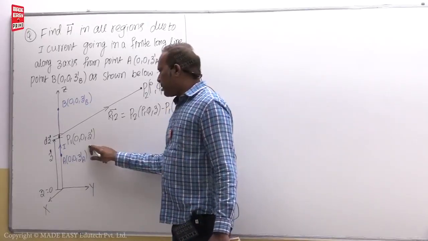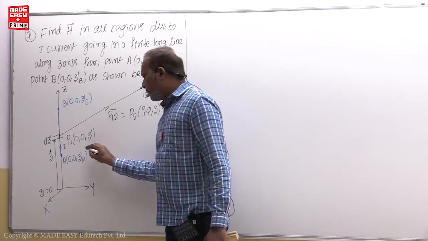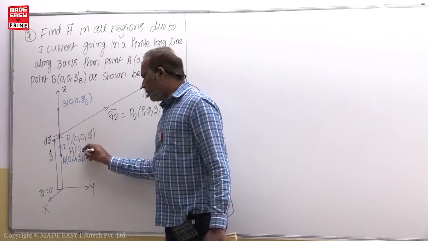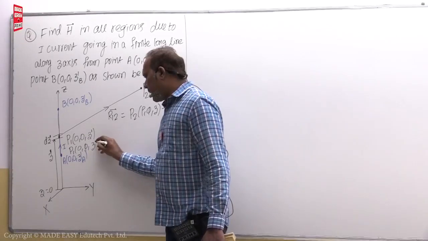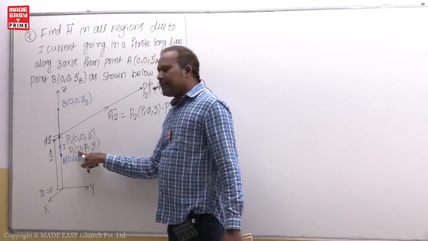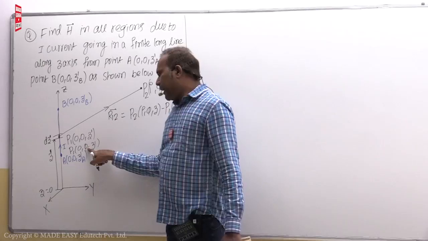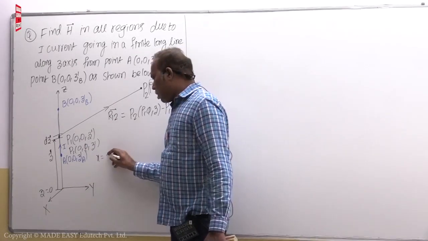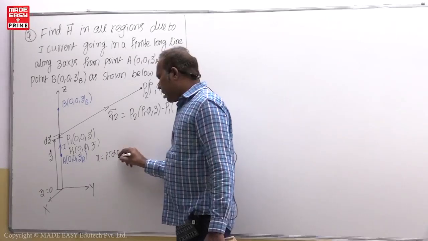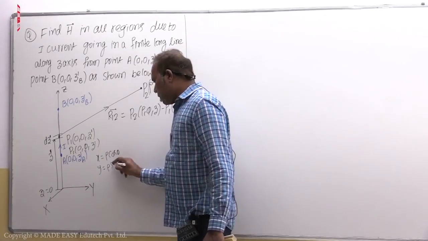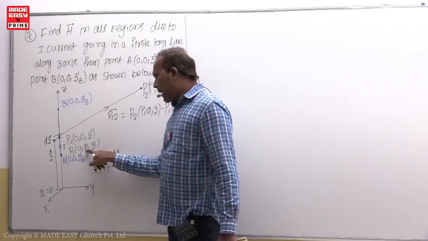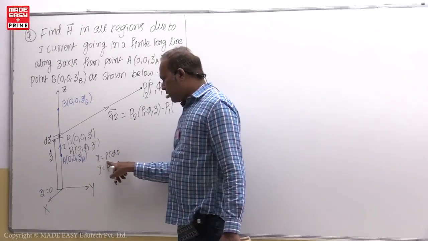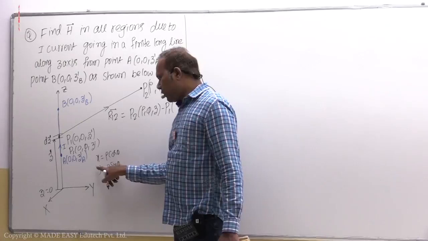This is a rectangular system point. This is nothing but, in the cylindrical system, this point we can take as 0 phi z dash. If the radius is 0, then the angle can be any value. So x is equal to rho cos phi and y is equal to rho sin phi. Now here the angle is phi, but the radius is 0. If you put radius 0, you get x 0, y 0.